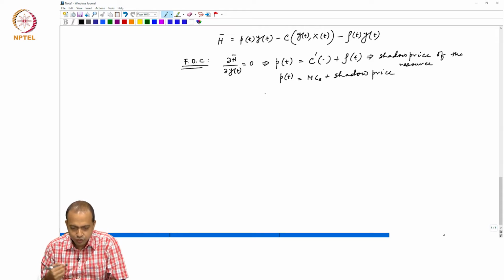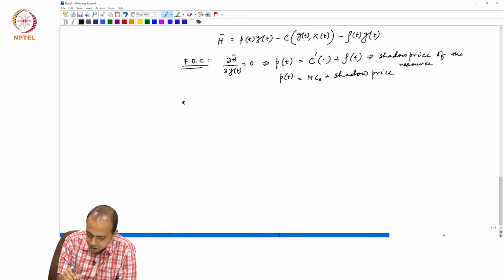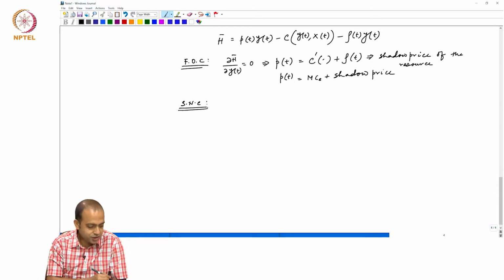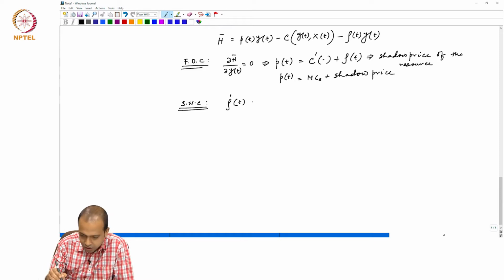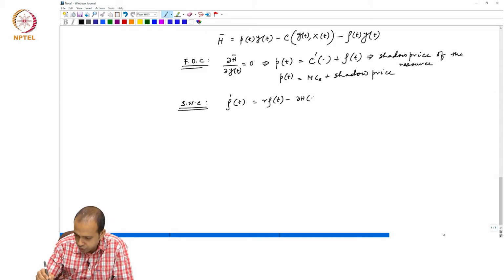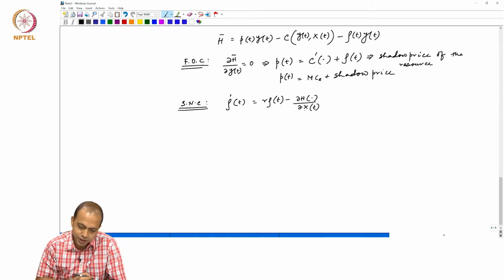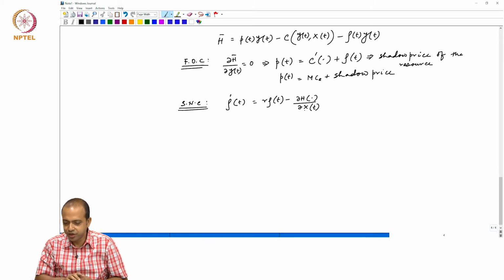Okay. Now, second order necessary condition is basically what we have derived already. What is the second order necessary condition? Rho dot t equals to R into rho t minus del H dot del x t, which we have derived earlier.